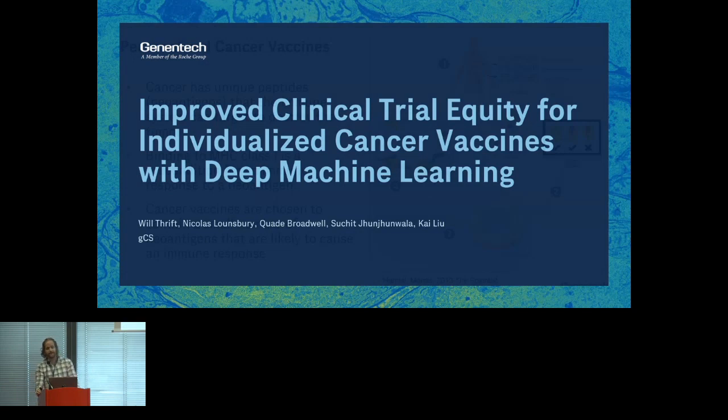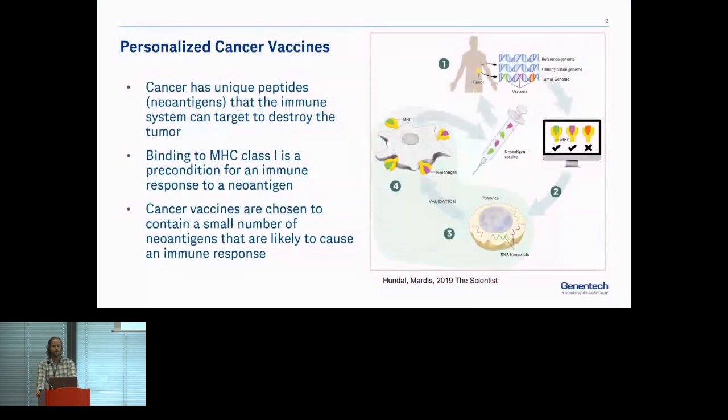Personalized cancer vaccines are a super exciting cancer immunotherapy where we really try to use the normal immune response that destroys cancer cells for our immunotherapy. Generally, the immune system tries to destroy cancer cells through a pathway involving MHC.